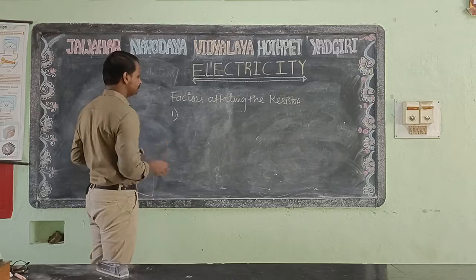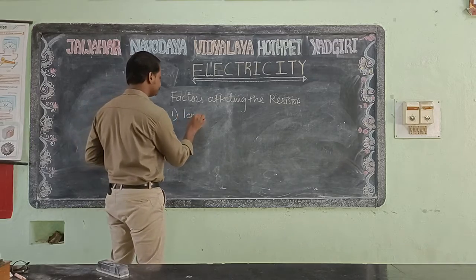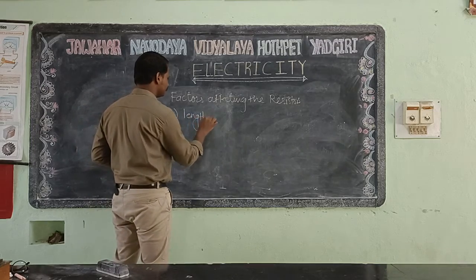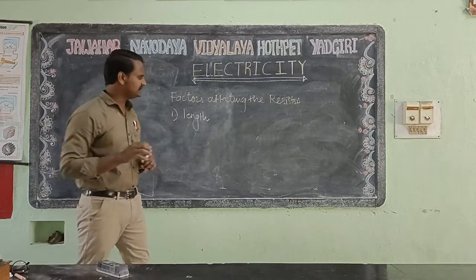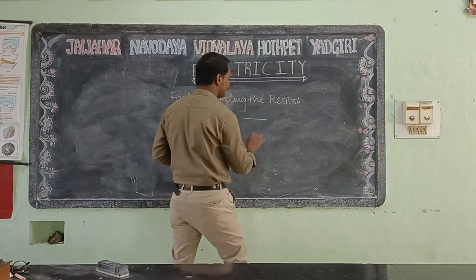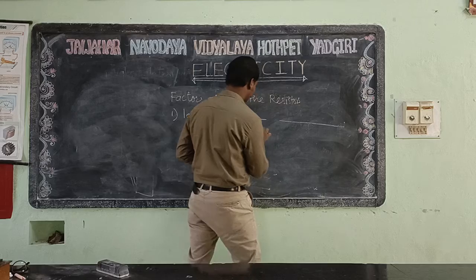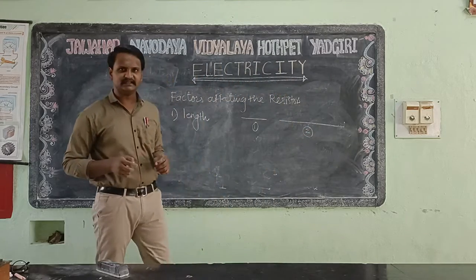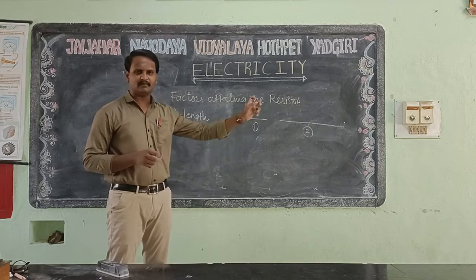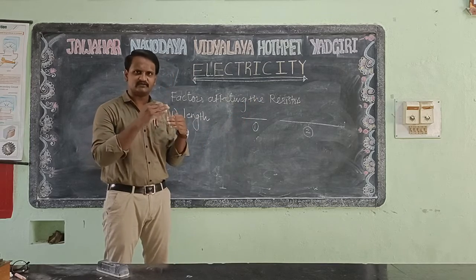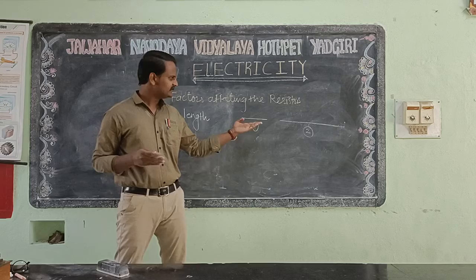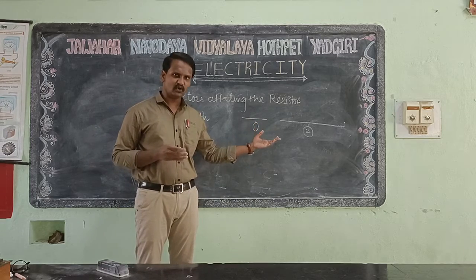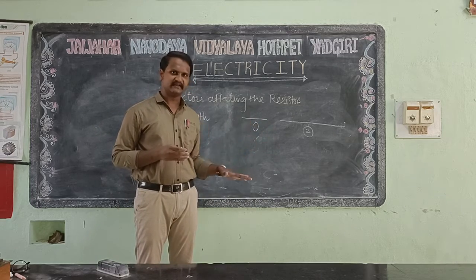First factor is length. We can see that if I am taking a small wire of some length, and in the second case the length is increased, the number of atoms increases, the electrons will be colliding more, the collision will increase and the flow of current decreases.